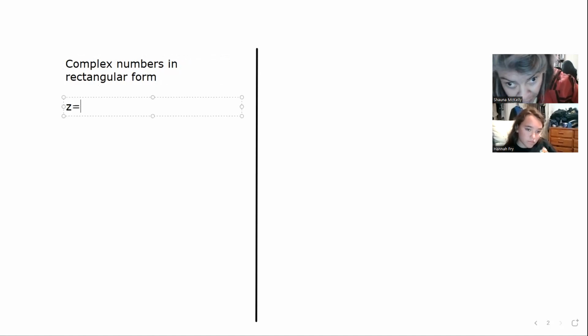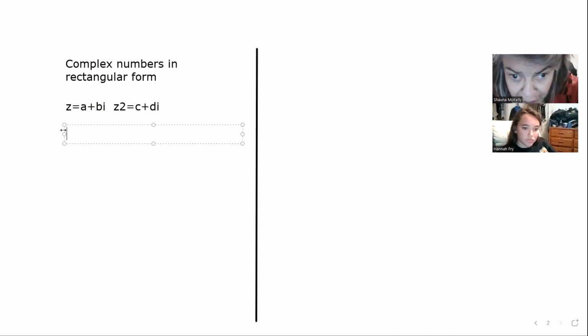So Z1 is equal to, now I'm going to make this a tiny bit abstract, but it shouldn't be too bad. So Z1 is A plus Bi. And let's call this Z2. And Z2 is C plus Di. So if I'm going to add complex numbers, I have to add the real parts with the real parts, and I have to add the imaginary parts to the imaginary parts and put an i after it.